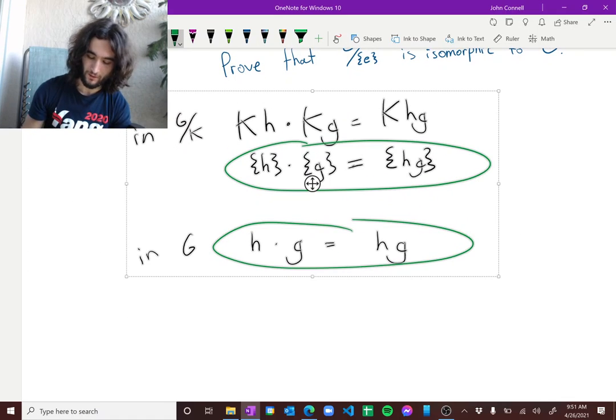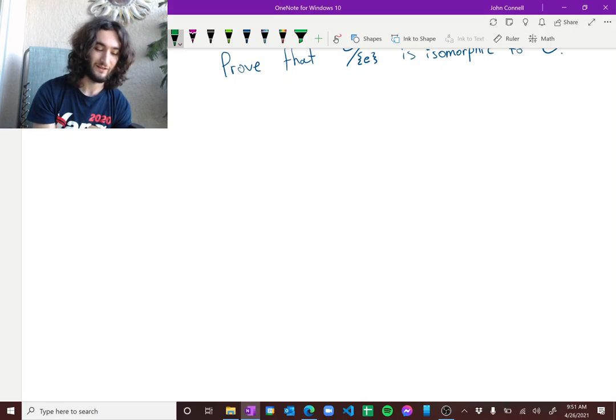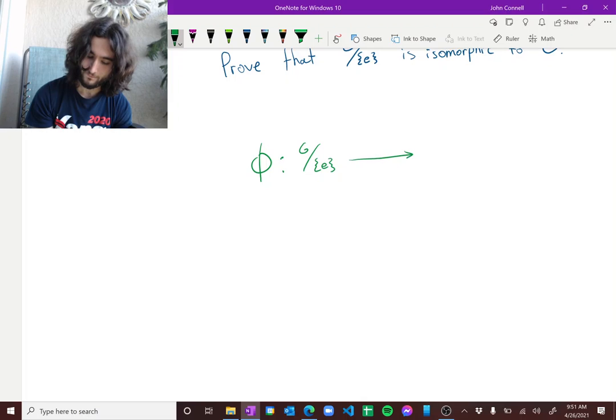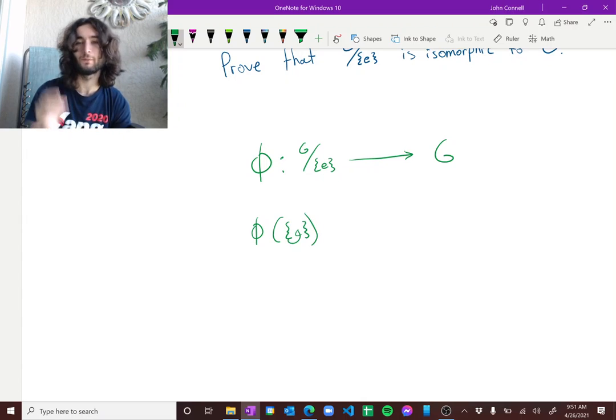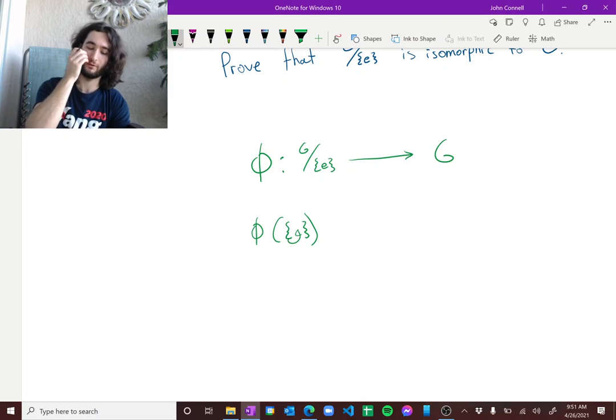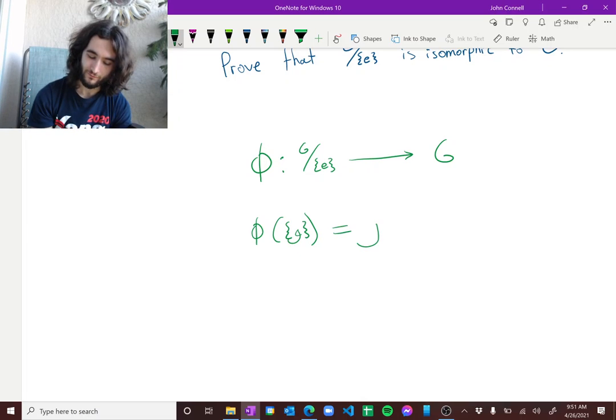So all you need to do is come up with a function that switches between the ways that you write them down. So let's come up with this function here. It'll go from here to here, and here's how we'll define it. We'll take in a set like this, that's what an element of G mod the identity subgroup looks like, and we're going to turn it into just that.